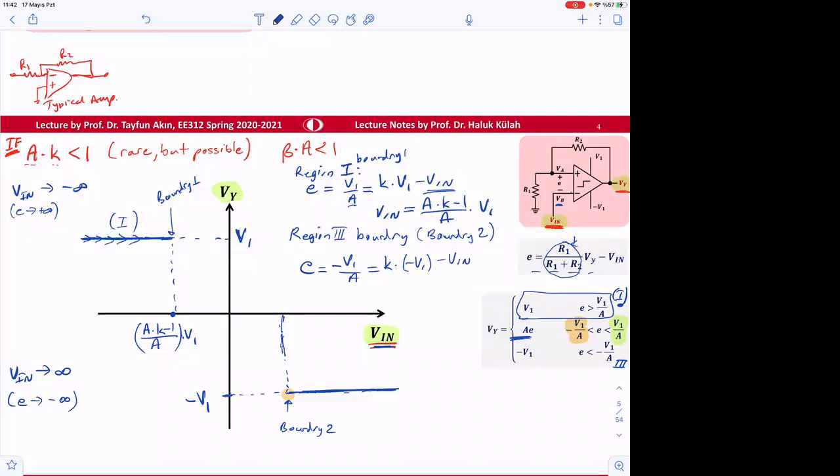We can find that value, and the value of that Vin is equal to minus, this time, A K minus 1 divided by A times V1. So this value here is therefore equal to 1 minus AK divided by A times V1.